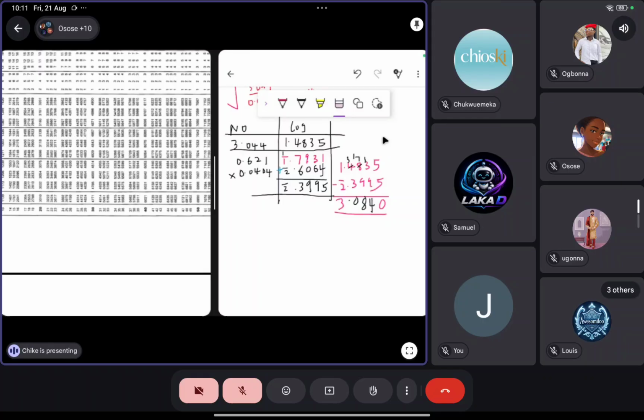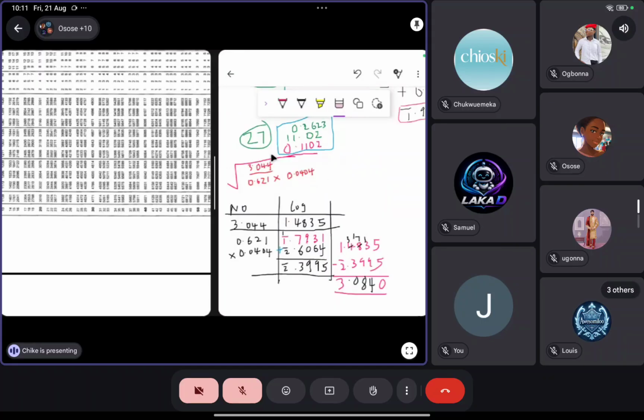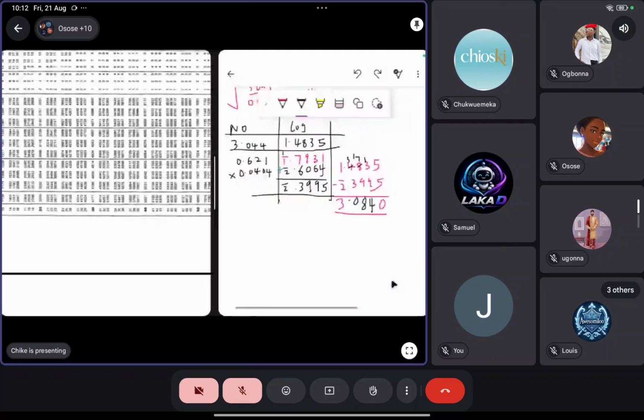So we now have our answer for the fraction. But then our answer was the square root of the fraction. So we go on to say square root of the fraction. I can't write the full, so I'll just write square root of fraction.